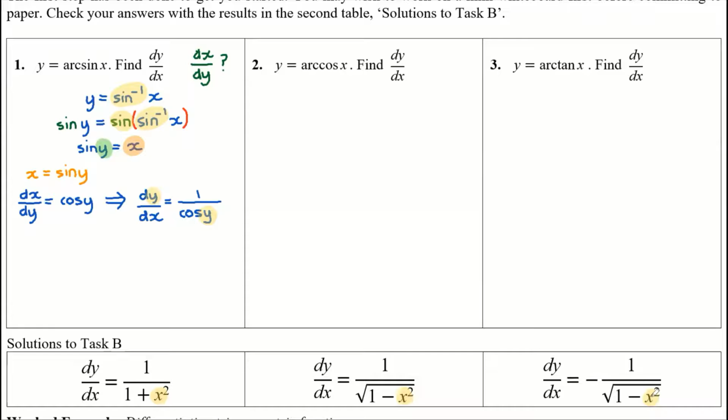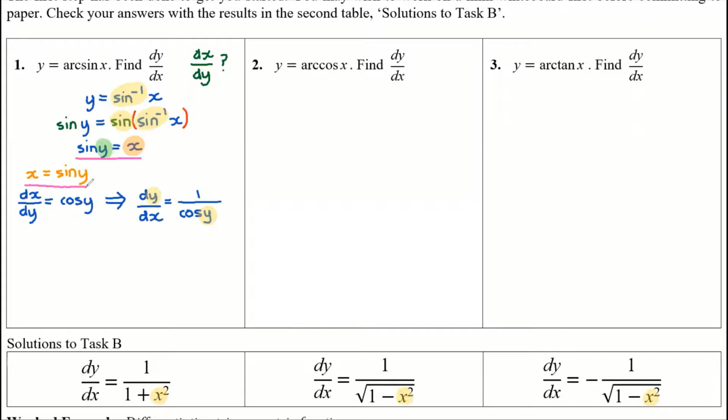Well, we go back to our trusted trig identities, and without knowing it, we've written down something really important already. We have stated twice, in fact, so here and here, that x is identical to sine y.